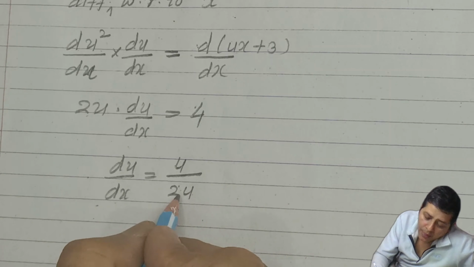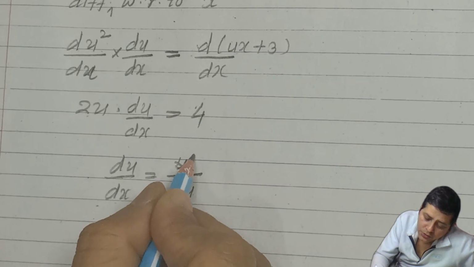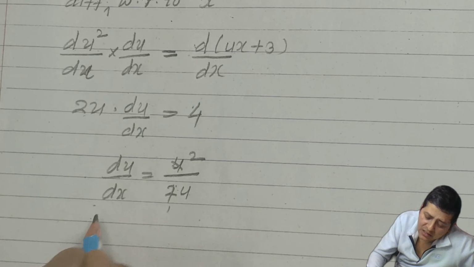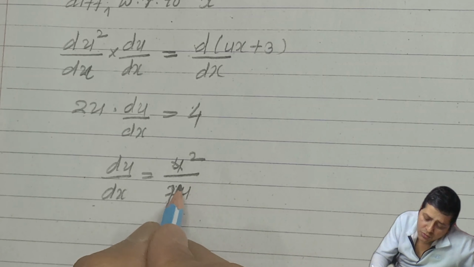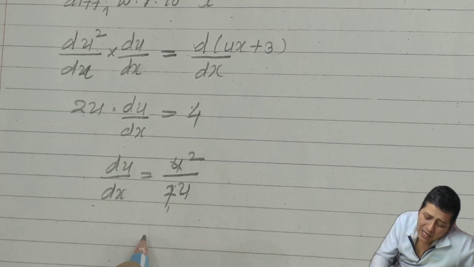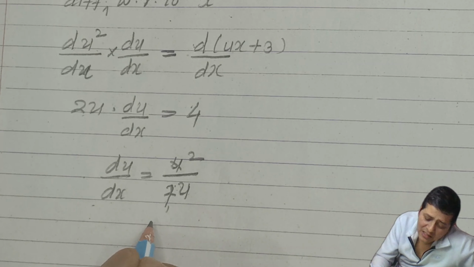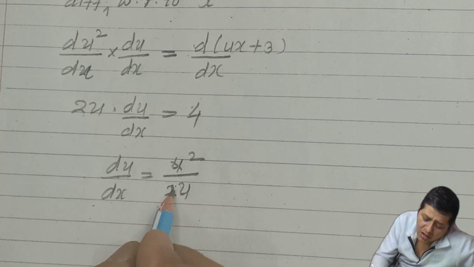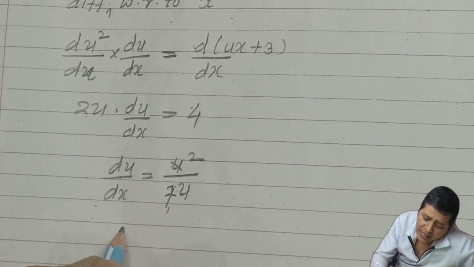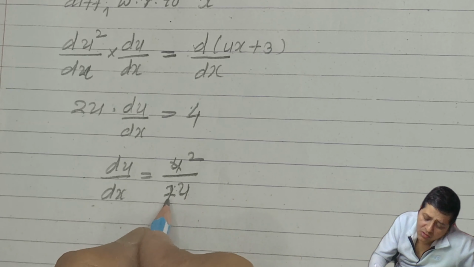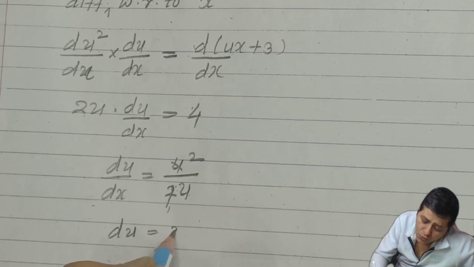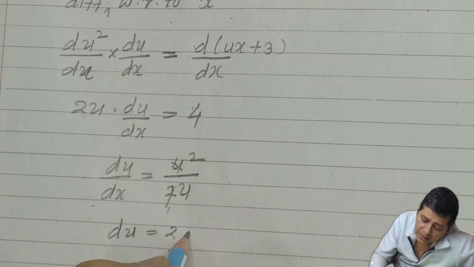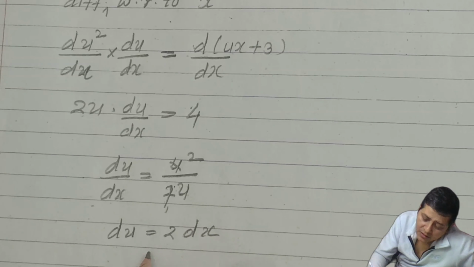The 2 cancels, and we get du is equal to 2 dx by u.